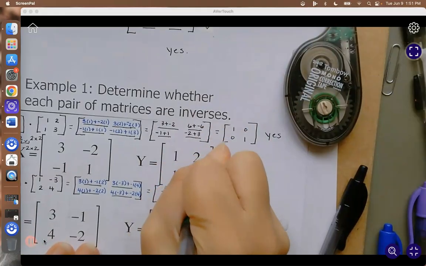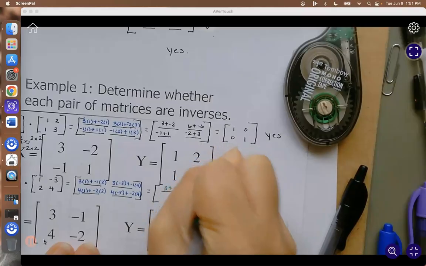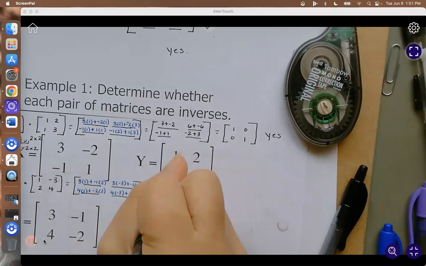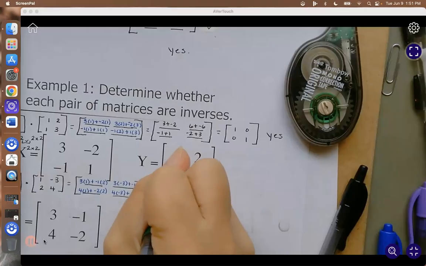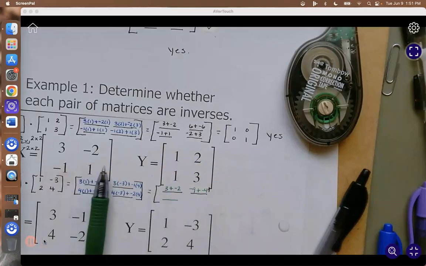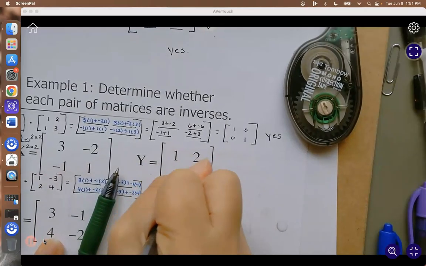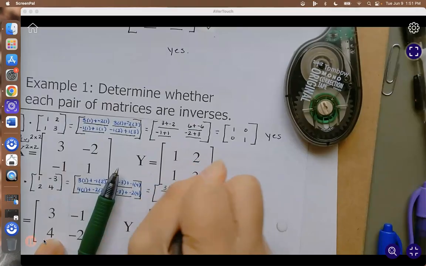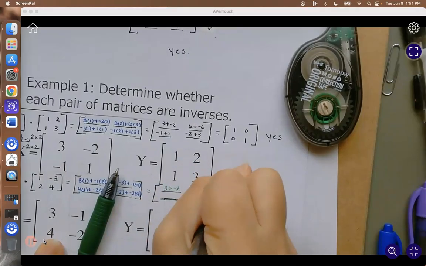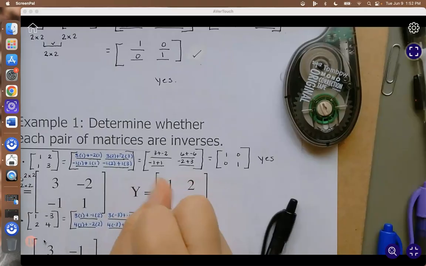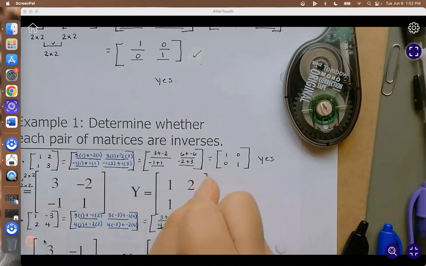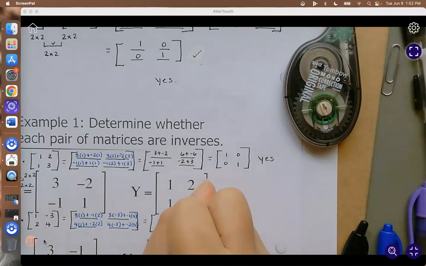Negative 9 plus negative 4. And then this one is, I'm struggling with my colors today. This one is 4 plus negative 4. And this is negative 12 plus negative 8.